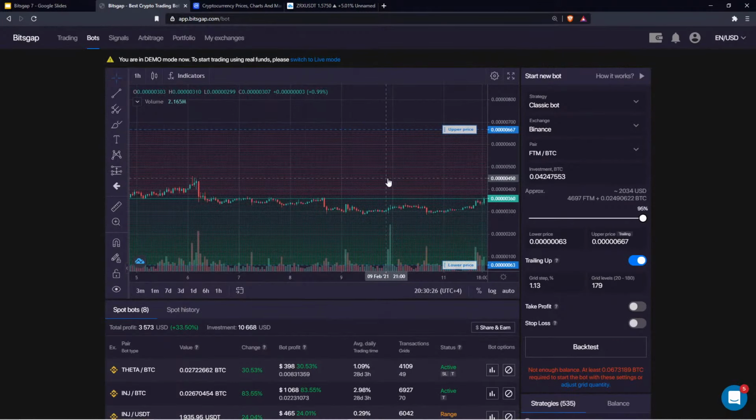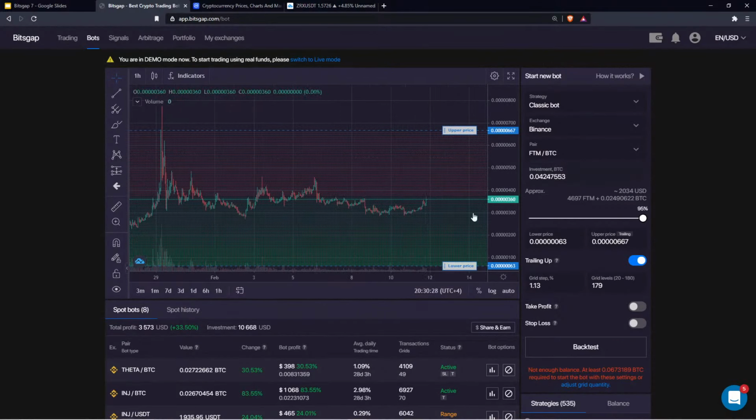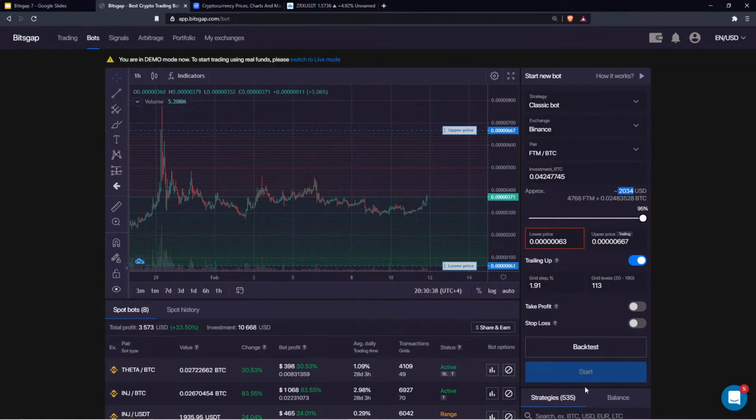You see, for example, this one has 179 grid levels, which for this amount of investment is too much. Then you adjust the grid quantity, and now with this same investment you can plot 113 grid levels. What happens if you increase the amount of grid levels, let's say to 15? You see, no longer possible because your investment is not enough. So you adjust, and now you can launch it.